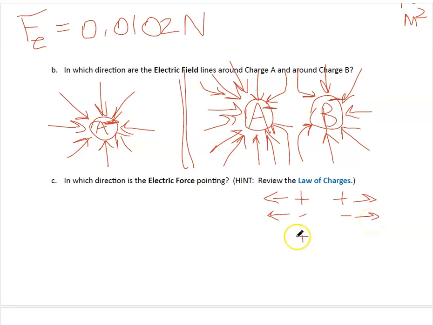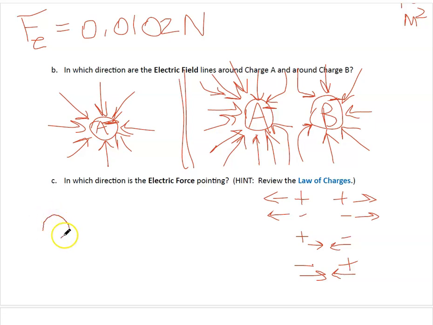And if you have a positive and negative, or a negative and positive, they will attract. And these arrows represent the direction of the electric force in each of these cases. And if you want to be complete, I'll just put a negative and positive, which is also attractive. So we have two combinations that are repulsive, and we have two combinations that are attractive.